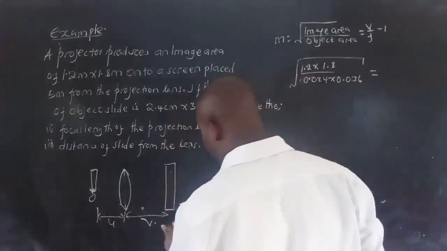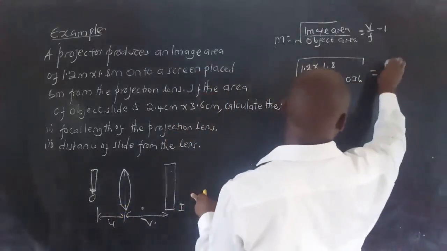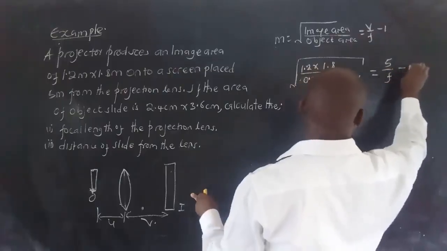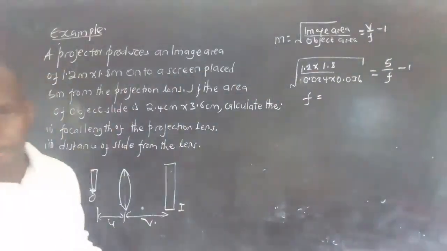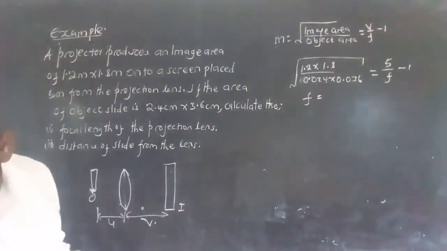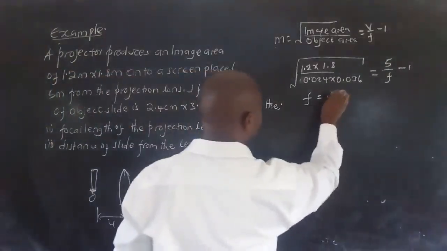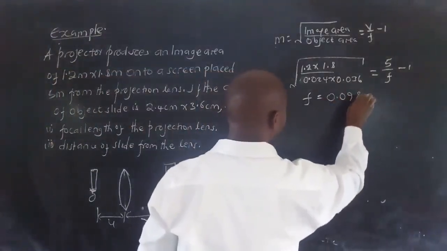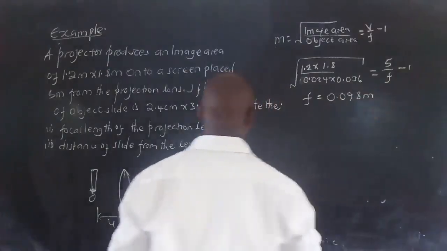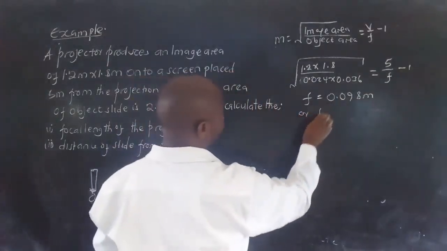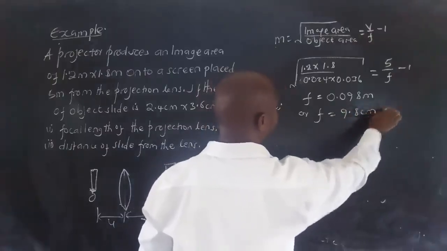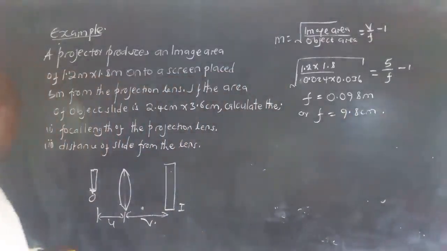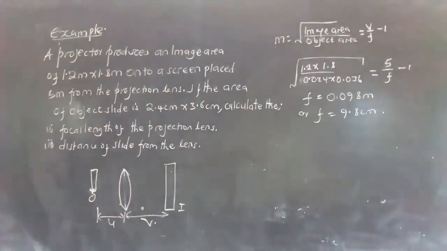It will give us v over f minus 1, where v is 5 meters. Using a calculator, f becomes 0.098 meters, or 9.8 centimeters. Then another is the distance of the slide from the lens.